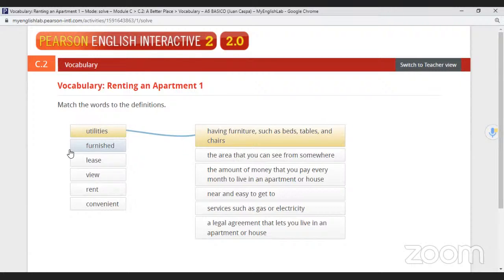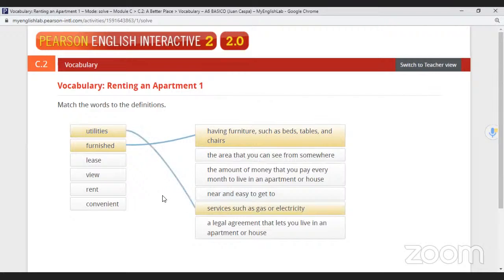Furnished will be this one, right? Utilities are the services, right?